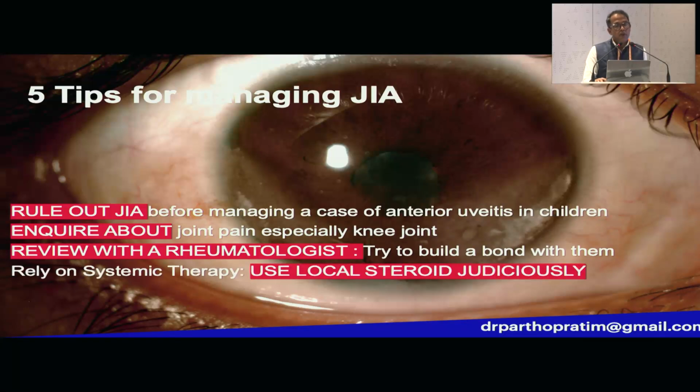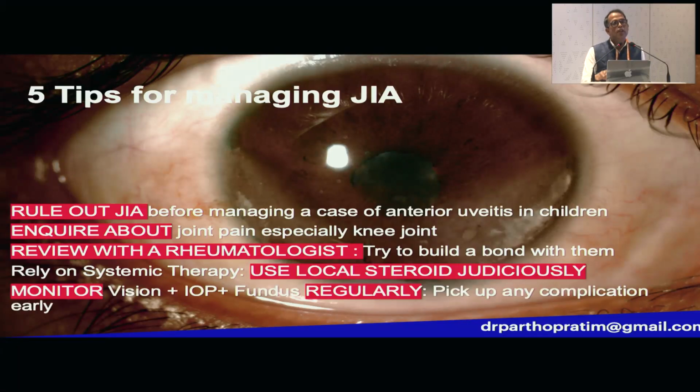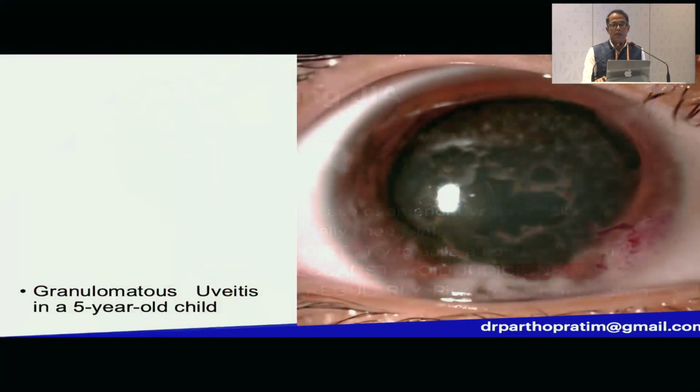These children need systemic therapy, not local therapy, so don't treat them with topical corticosteroid alone. Monitor the vision at every visit. IOP recording is very important in these children. I know it is sometimes difficult to record IOP, but don't miss that. And fundus examination in any case of anterior uveitis is a must.